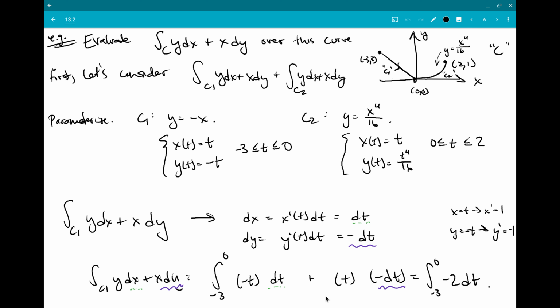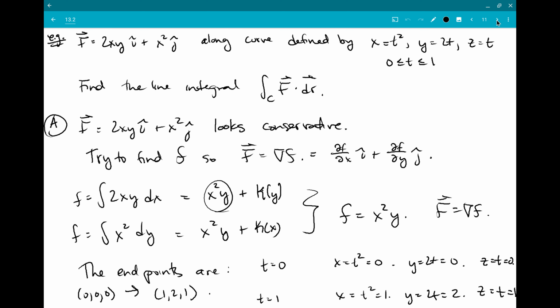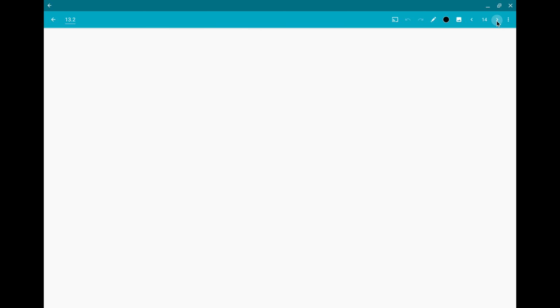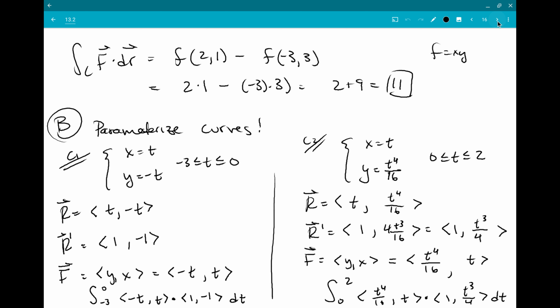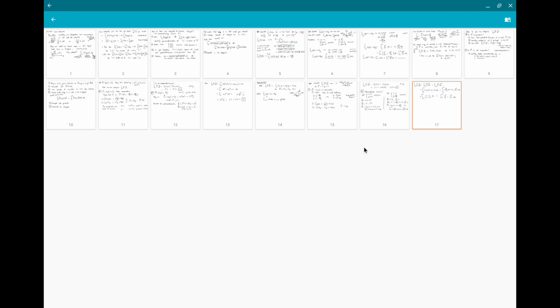And even if you look at what we got before, we had this minus t, that's showing up for us over here. Here's our minus t. Our x prime, y prime are giving us those values.